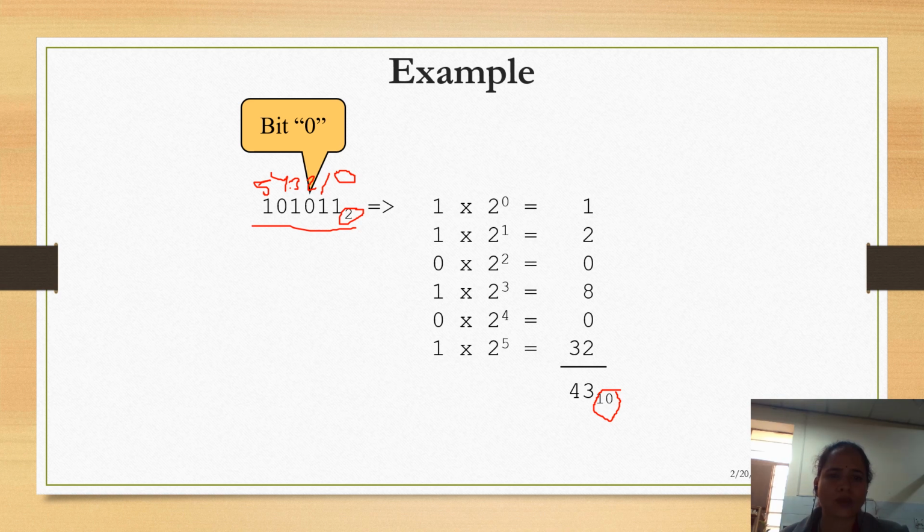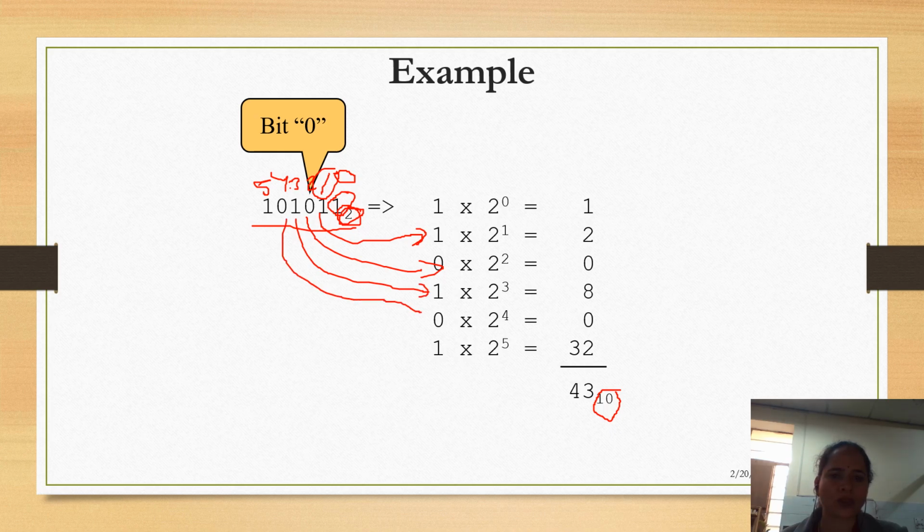We just take the base value and multiply it with the value itself. So 1 is multiplied by 2 to the power 0. Next, 1 is multiplied by 2 to the power 1. Next bit is 0, and 0 is multiplied by 2 to the power 2. Next, 1 is multiplied by 2 to the power 3.